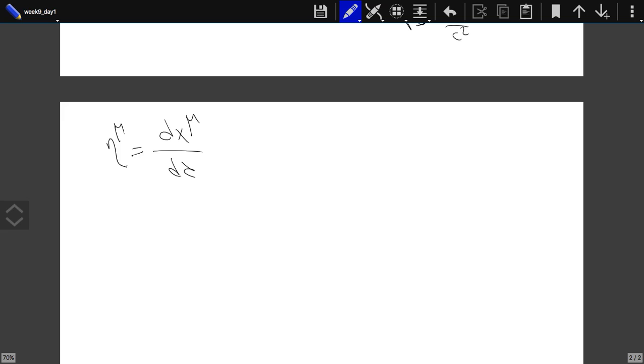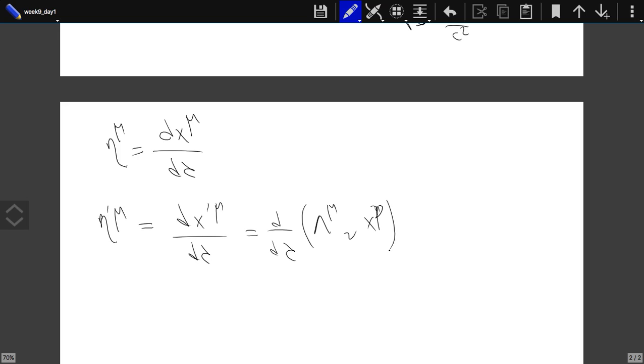Now in a different reference frame, eta prime mu, let's say, this is equal to dx prime mu by d tau. But I know what x prime mu is. This is d by d tau, lambda mu nu, x mu, x nu. But I am considering reference frames that are moving with constant velocity relative to each other. Remember, lambda mu nu depends only on the relative speed between the reference frames.